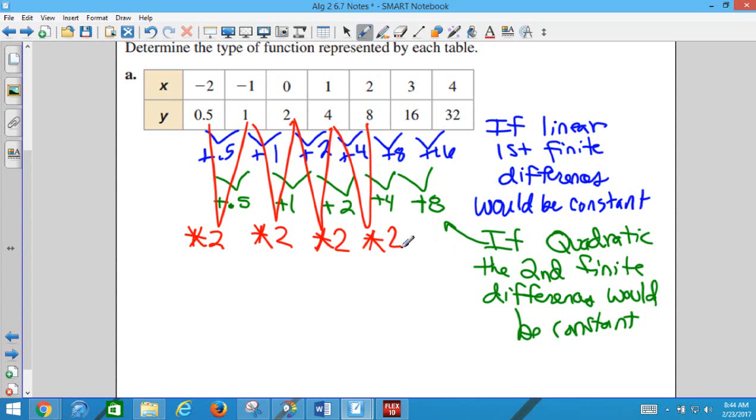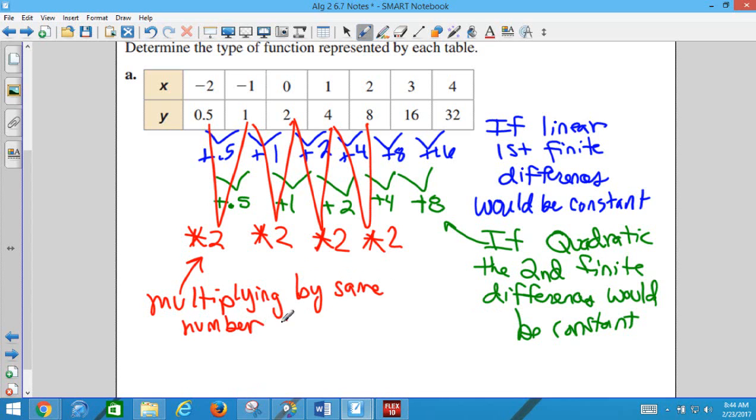So this makes this exponential. When we're multiplying by the same number each time, it's exponential. So we're multiplying by the same number. We're going to call that the common ratio.